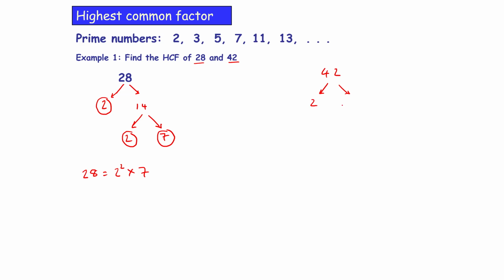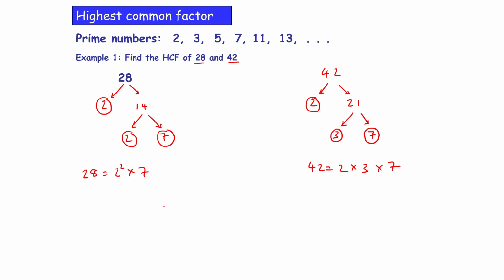So we try 2, yes, it goes into 42, 21 times. We circle the 2 because it's prime, and then we try again. Now, this time, we note that 2 doesn't go into 21. 3 does, because 3 times 7, which is also a prime number. So we can say 42 is equal to 2 times 3 times 7.